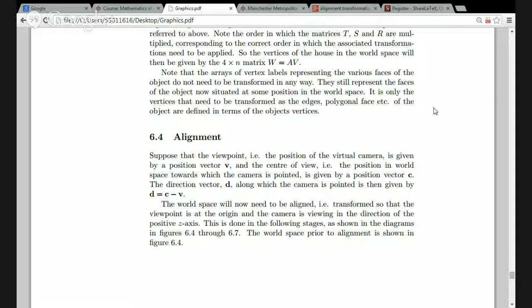So we're now going to do the alignment, and the output. The input is the environment itself, which will just be the collection of coordinates of vertices. So you'll have some gigantic matrix with loads and loads of columns, one column for each vertex in the environment. Each column will have 4 entries, 4 rows, the 4 homogeneous coordinates of that vertex.